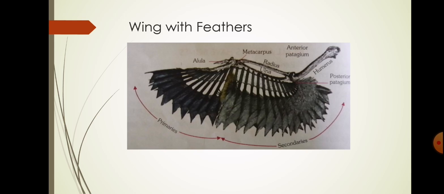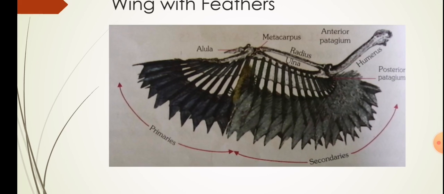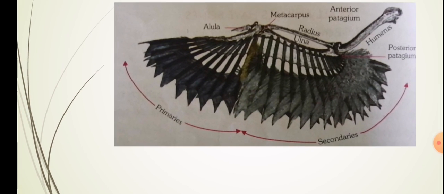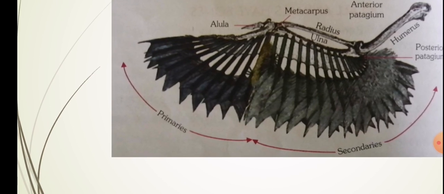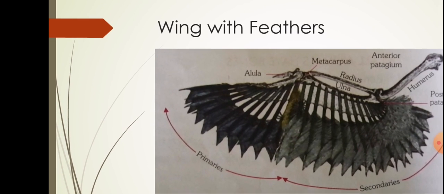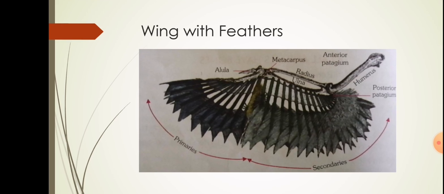The same parts are there in the wings of the bird, because that is nothing but a forelimb only, which gets modified into the wings. Here you are able to see humerus, radius, ulna, metacarpus, everything. This is nothing but a forelimb of the birds, that is, wings.